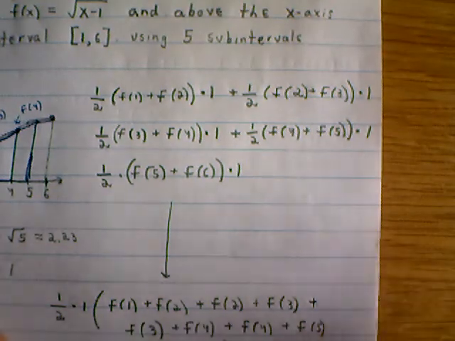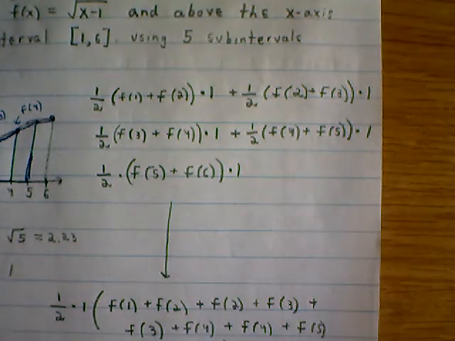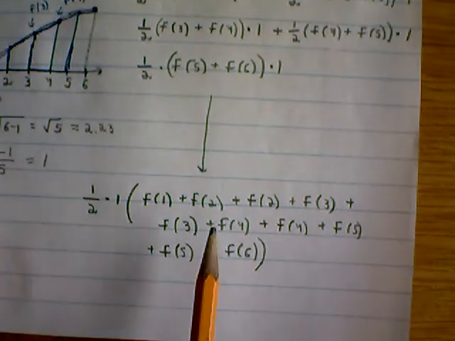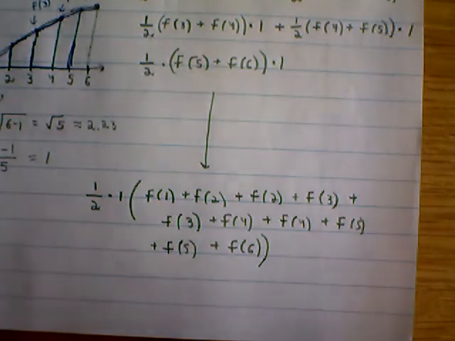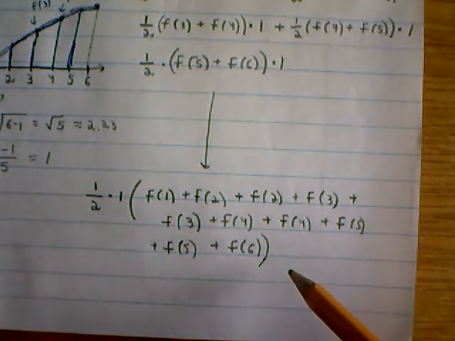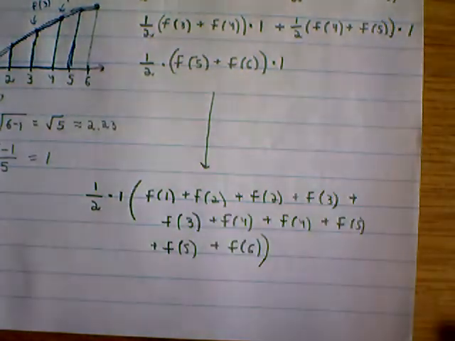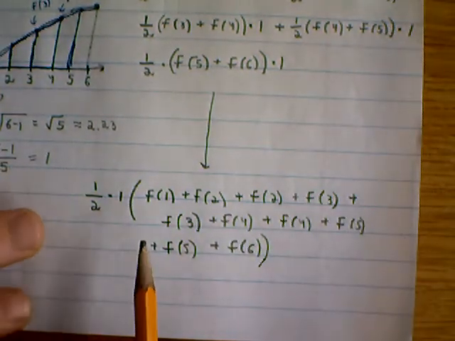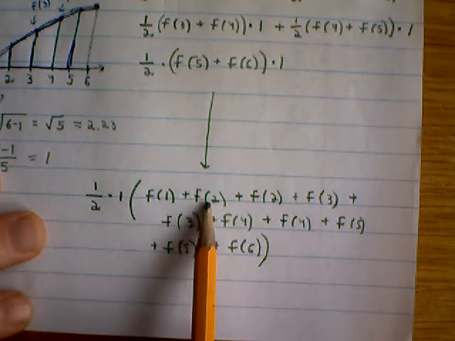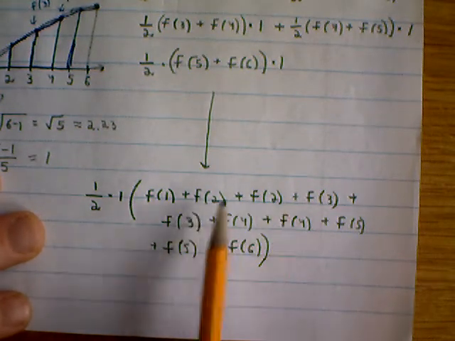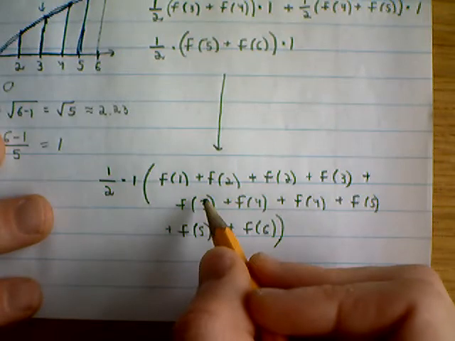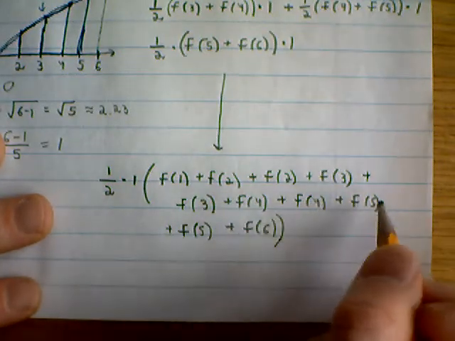All right. Now I notice I have some terms I can combine in here. I'm sorry that I'm running out of paper. I wish I could have expanded this all the way out, but I ran out of paper. So f of 2 plus f of 2 is 2f of 2, and f of 3 plus f of 3 is 2f of 3, 2f of 4, 2f of 5.